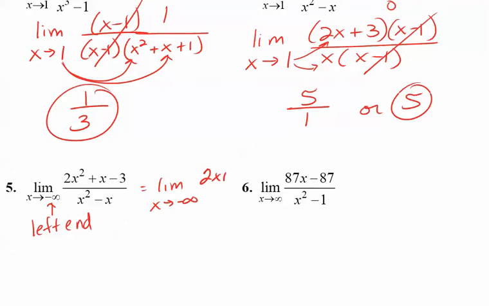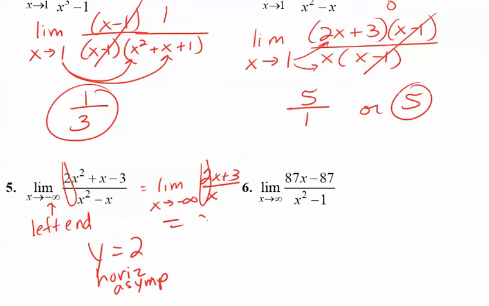Once we did our canceling, we came up with this value. The degrees are equal. We can see that from either version here. When the degree of the numerator is equal to the degree of the denominator, our horizontal asymptote would be at y equals 2. So that is also our limit. So our limit here would be 2.